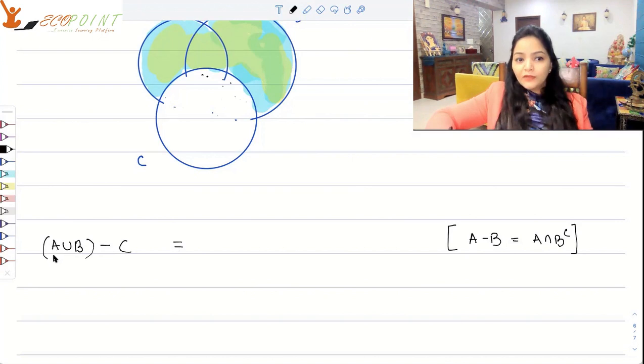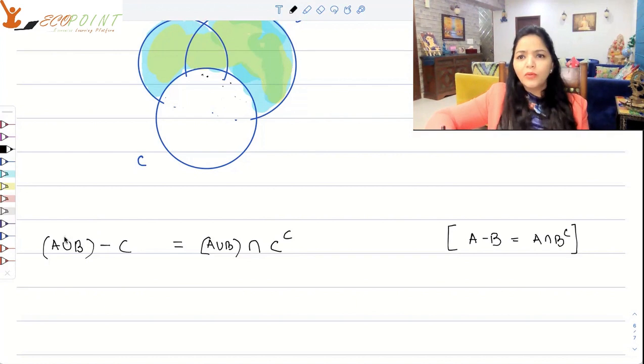So for A union B minus C, A union B is a set and you have minus C. That means we are looking at the intersection with C complement.